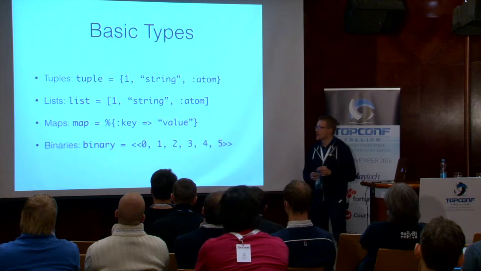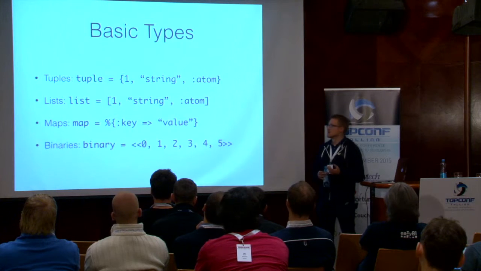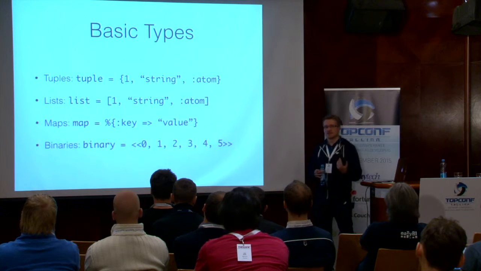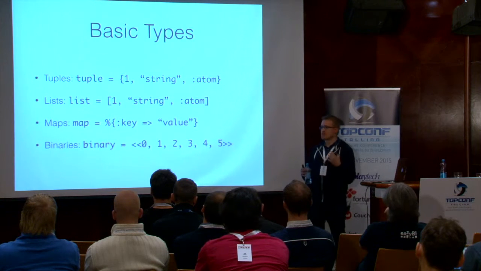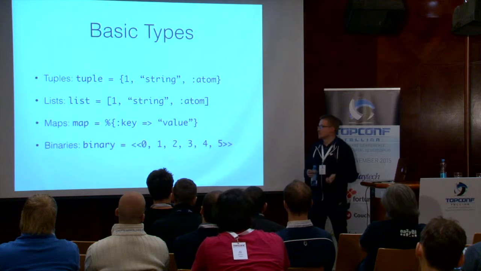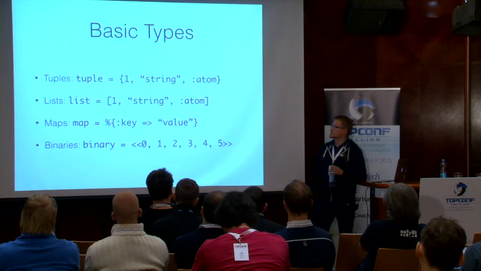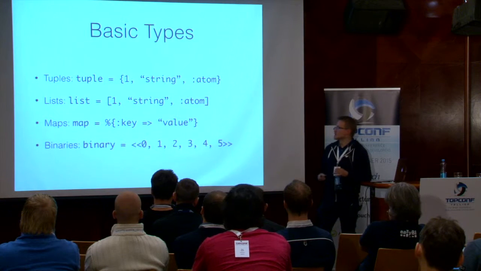Erlang being built for telco systems, they don't use HTTP there, so every message is binary. So handling binary messages is very well supported in Erlang as well as in Elixir. So this, for example, here can be a stream of bytes or bits.